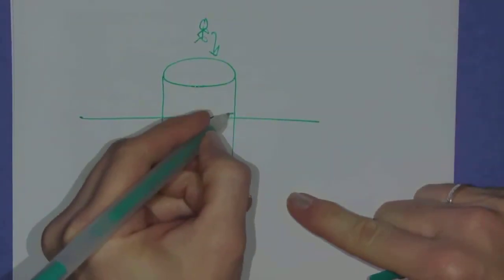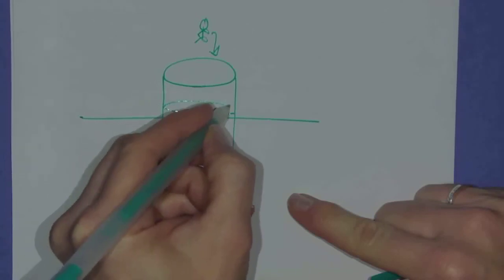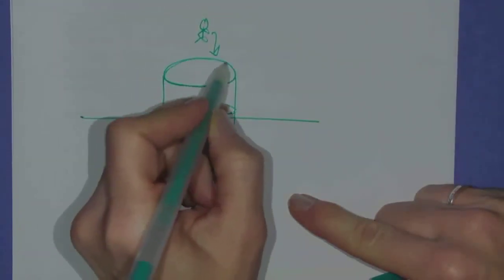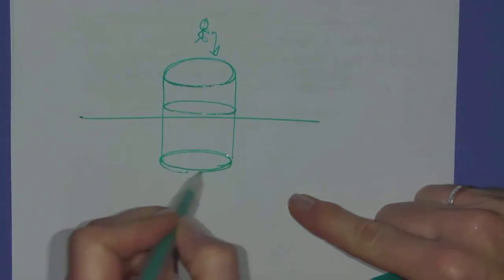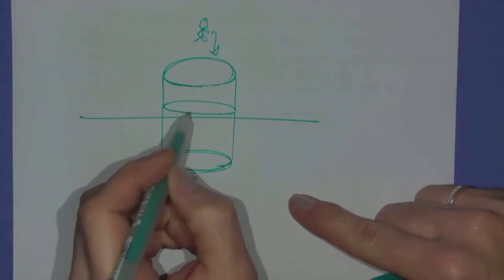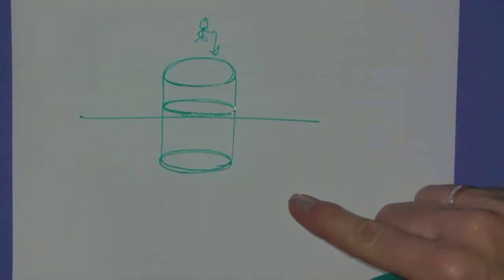Hopefully you can envision that you would see a circle. Cross-sections will mimic their bases. So if you pick the object up and look at the bottom or the top, the cross-section often is going to mimic whatever shape that is.